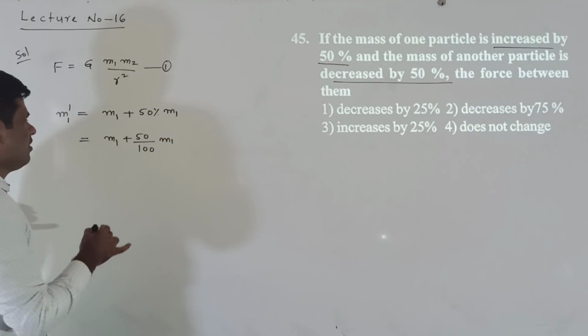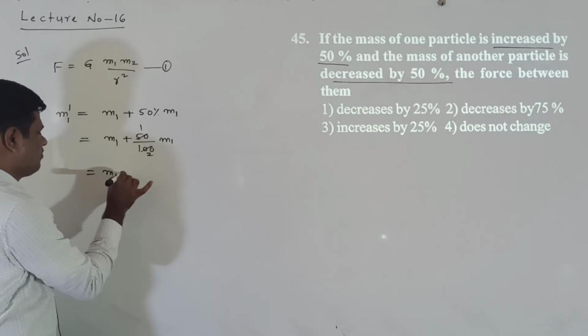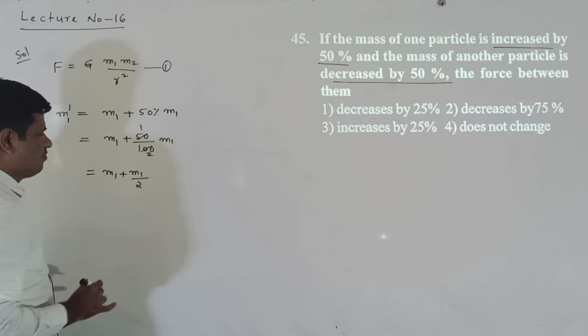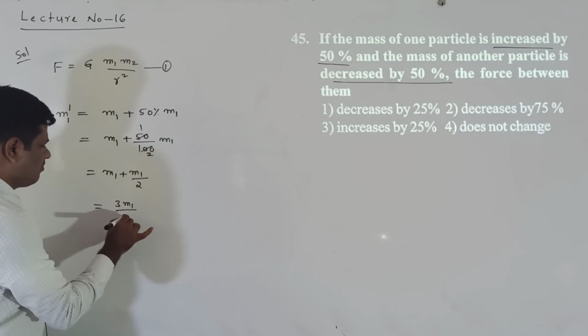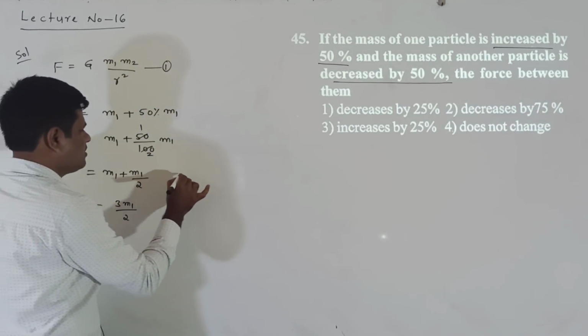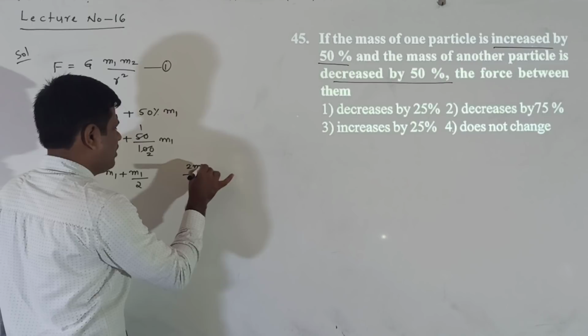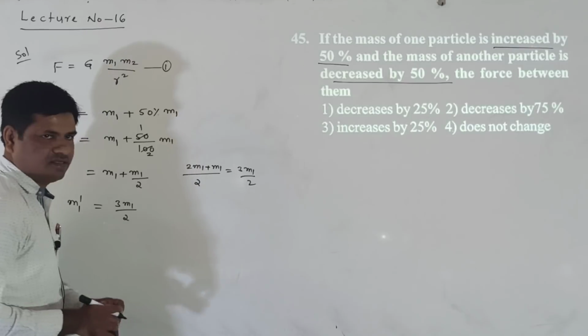Now m1 plus m1 by 2. When making the LCM, which is 2, 2m1 plus m1 is equal to 3m1 by 2. We are getting like this.